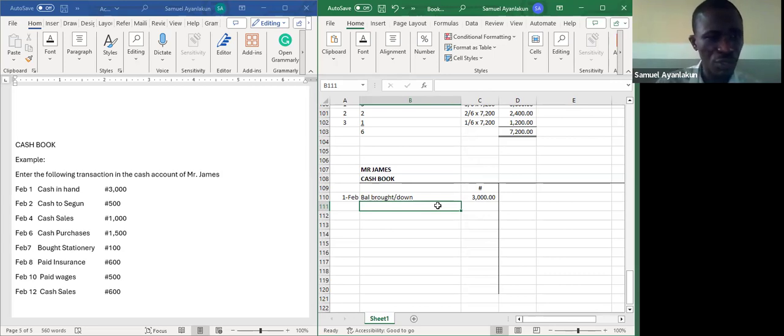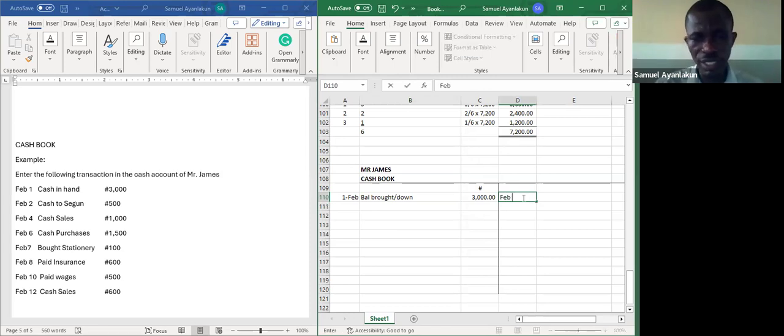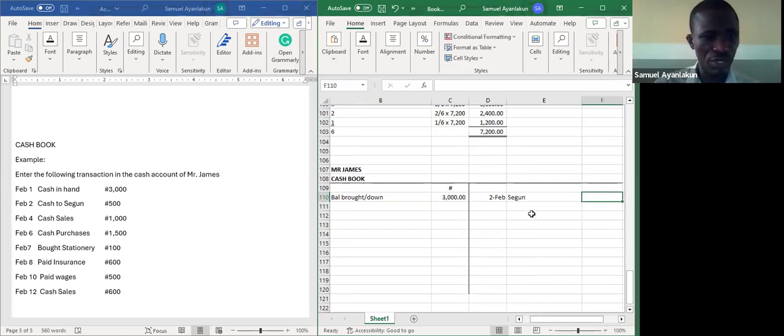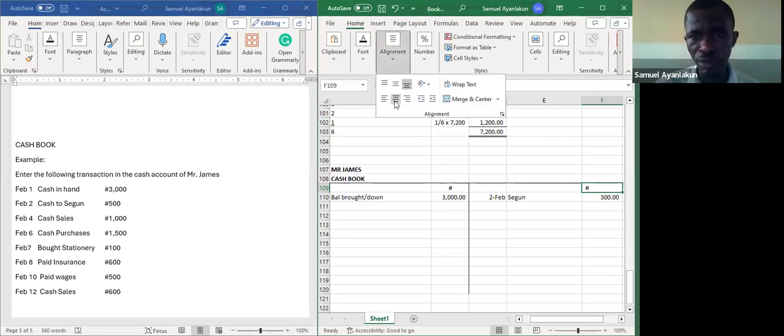The second one is February 2. Paid cash to Sheldon means cash is reducing. So we put Sheldon, how much? 500 naira. Money is going out, so that's where it will be.